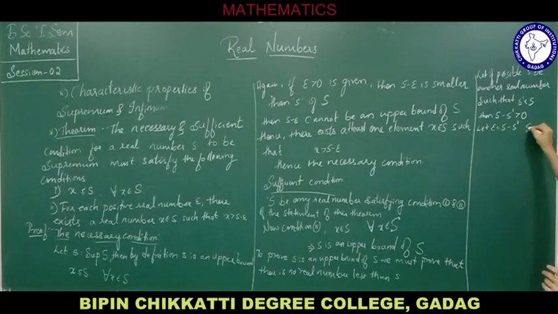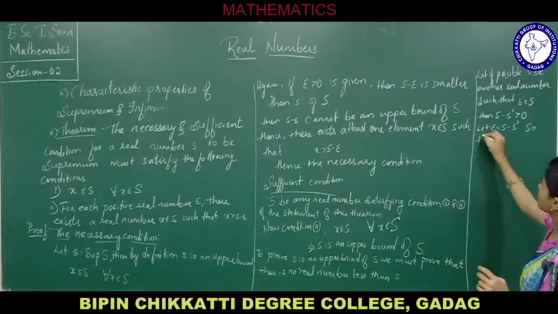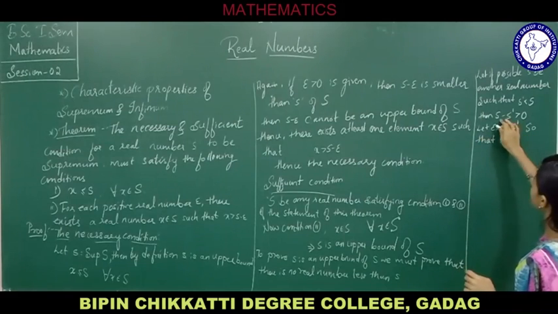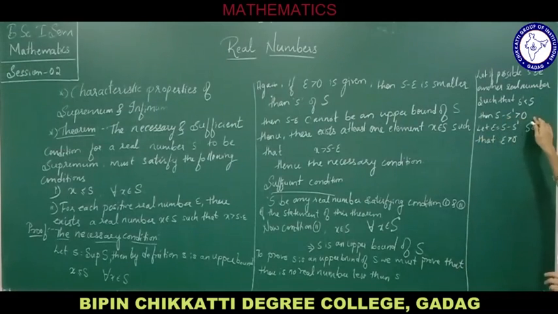So this epsilon is obviously greater than 0. Why? Because s minus s dash is greater than 0. We have considered epsilon equal to s minus s dash, and that is why epsilon is greater than 0.